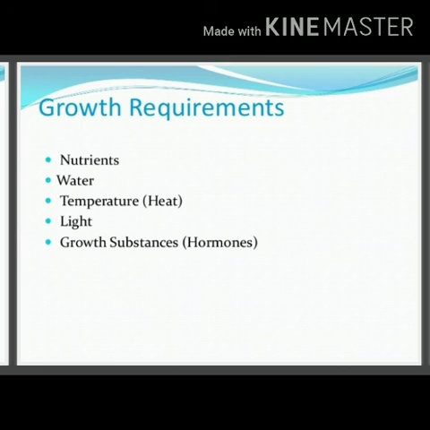It acts as an aqueous medium for various biochemical reactions. The optimum temperature ranges between 25 to 35 degrees Celsius. Light is very much essential for germination of seed and photosynthesis. Various growth hormones are essential for proper growth and development of a plant.